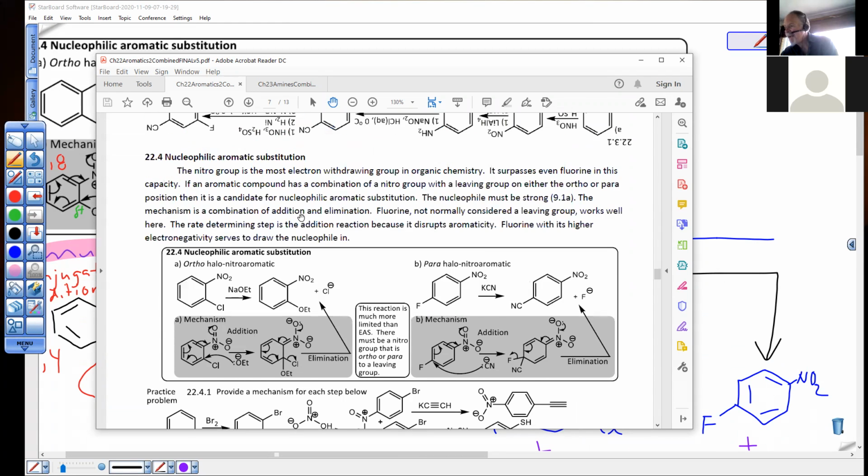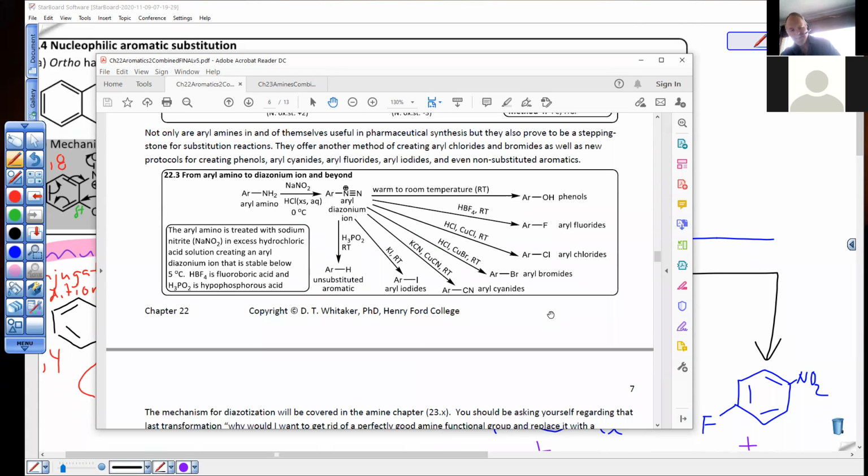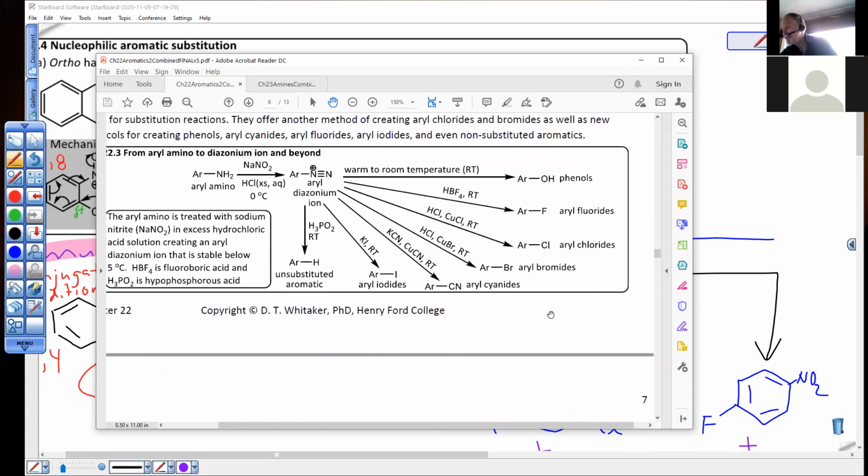What else we got? Where's that? There, that's the classic thing I'm looking for. It's the only time we learned how to put a fluoro on benzene. You had to come from a diazonium ion. Diazonium ions come from aminobenzene, also known as an aniline, and aniline comes from a nitro compound.